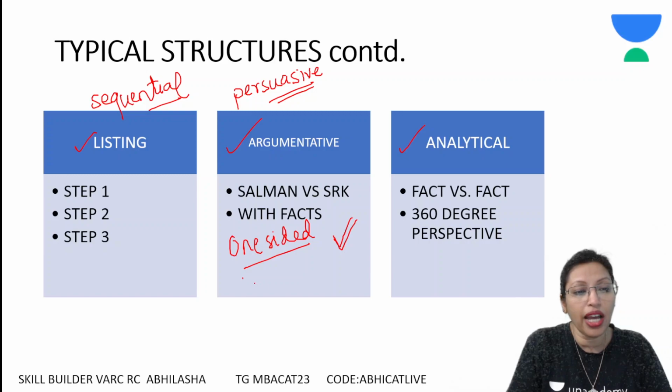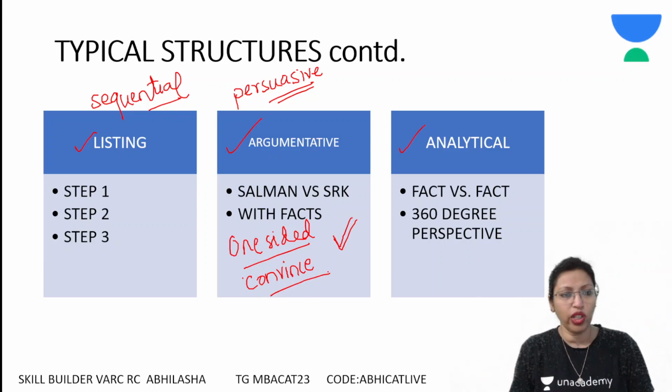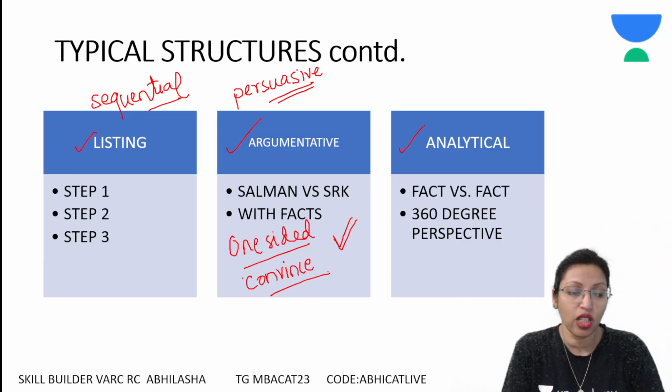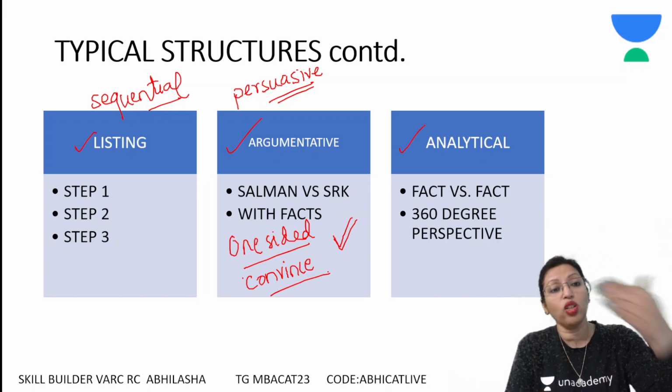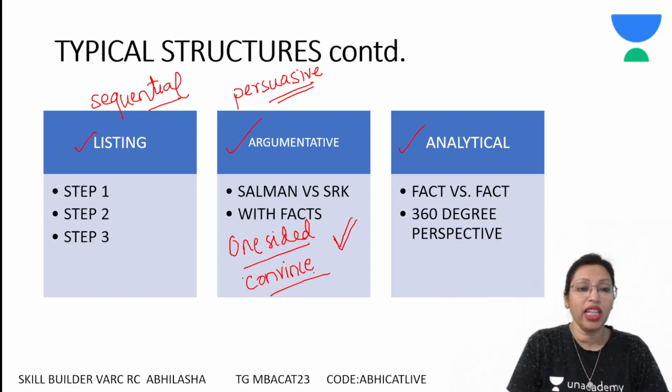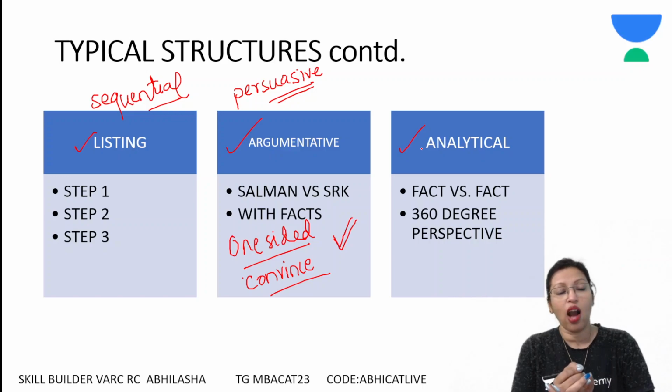They will try to convince you of the goodness or the badness of something. It could be either, it doesn't necessarily have to be just the goodness or just the badness. One of the two will work, but one of the two will definitely be there. So he is trying to convince you. So argumentative is that. So again, you will have facts, you will have opinions, you may have extreme opinions also, and that's perfectly okay.